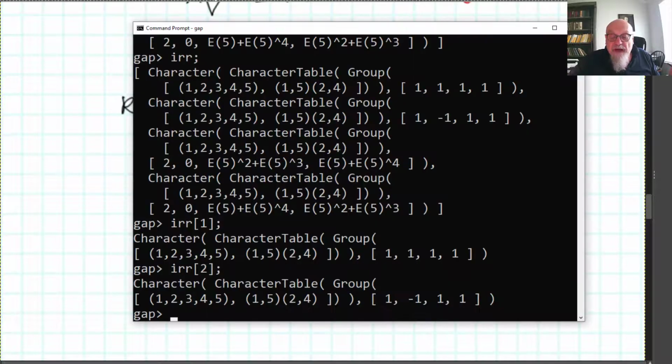Let's see which possibly could be our representation. Yeah, I cannot easily recognize from this case how to recognize it, because that's exactly this number 2.